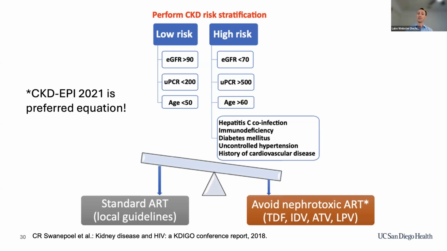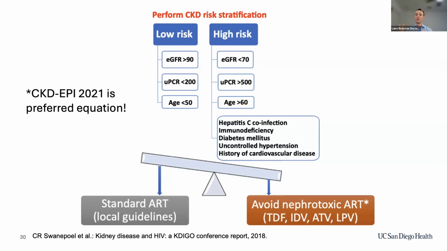Higher risk could be anything from having borderline CKD, GFR less than 70, having some proteinuria, like 500 milligrams or more, and being over the age of 60. And certainly if they have hepatitis C co-infection, immunodeficiency, diabetes, uncontrolled hypertension, or cardiovascular disease.